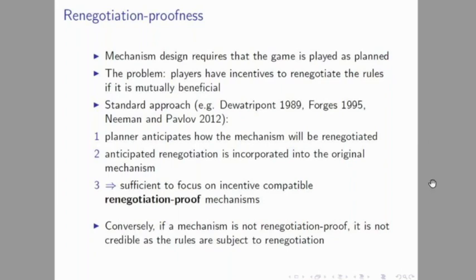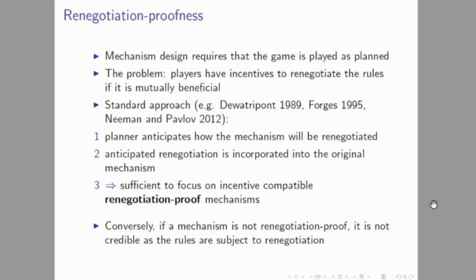Suppose that at some later stage of the mechanism, it is indeed in the interest of all parties to change the rules of the game. Now, when I'm planning the mechanism, I suppose I'm the planner. In fact, all the agents will anticipate that as well.